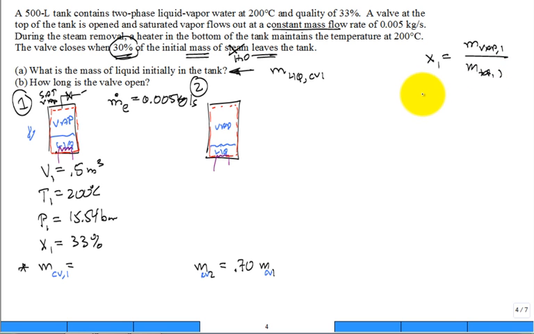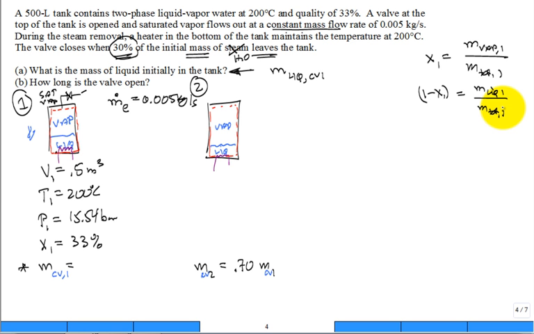All right. What's 1 minus the quality? The mass liquid in the tank initial divided by mass total in the tank, true? It's either liquid or vapor. If it's 33% vapor by mass, then it's 67% liquid by mass. Yeah, true?